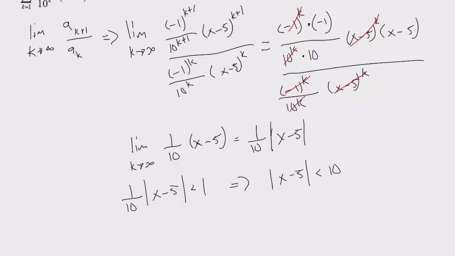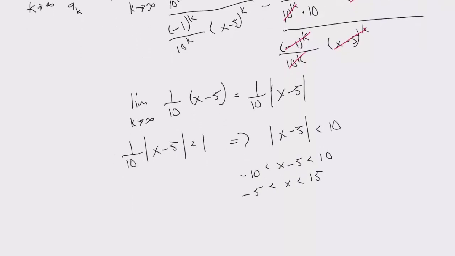And then if we break it up into our definition of absolute value, that says that negative 10 is less than x minus 5 is less than positive 10. So I'm going to add 5 to both sides, and that'll give me negative 5 is less than x is less than 15. So far I know my interval of convergence is from negative 5 to 15.